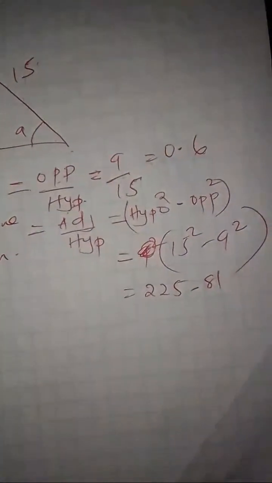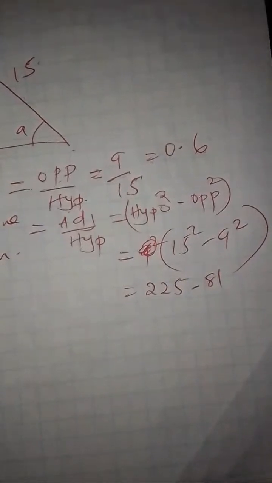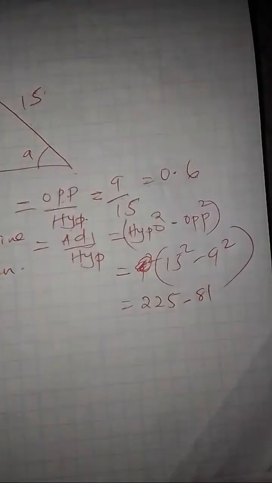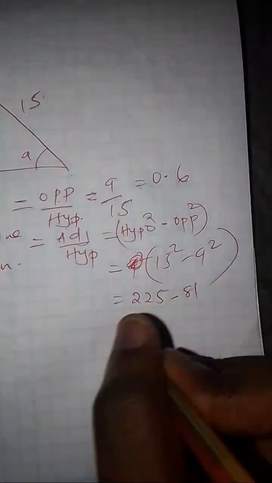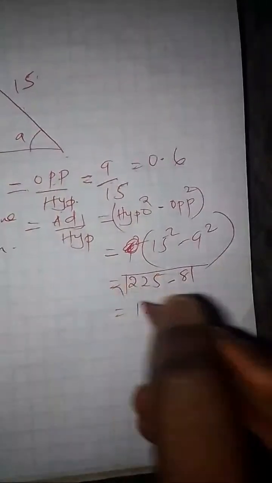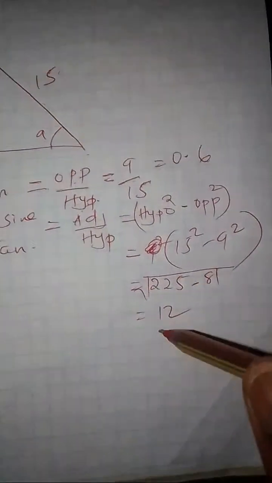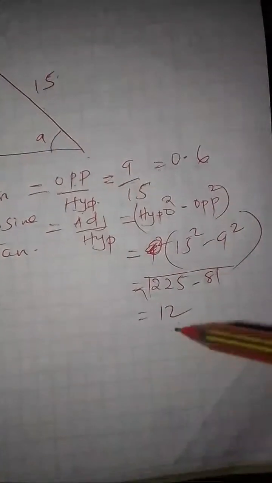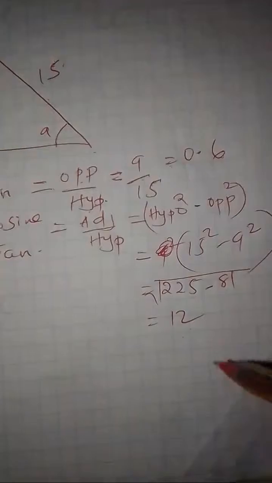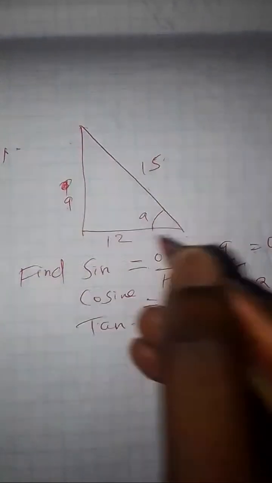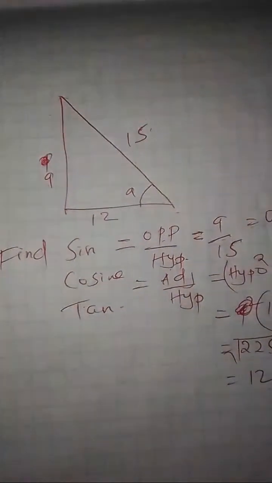When we work out all those, we shall have the answer as 144, and once you get this, you find the square root. So you shall get the answer as 12. Meaning that our adjacent side shall be 12.